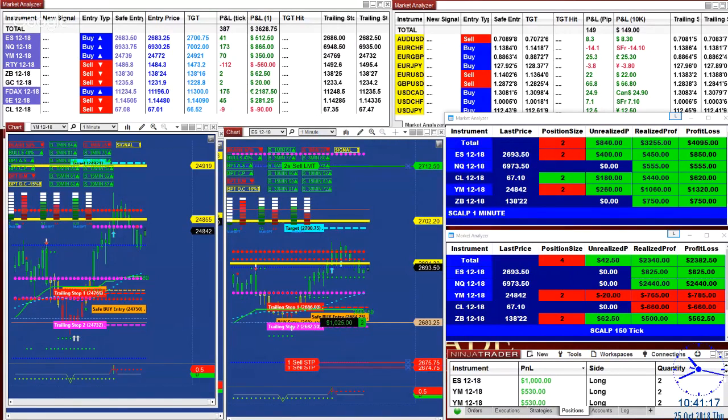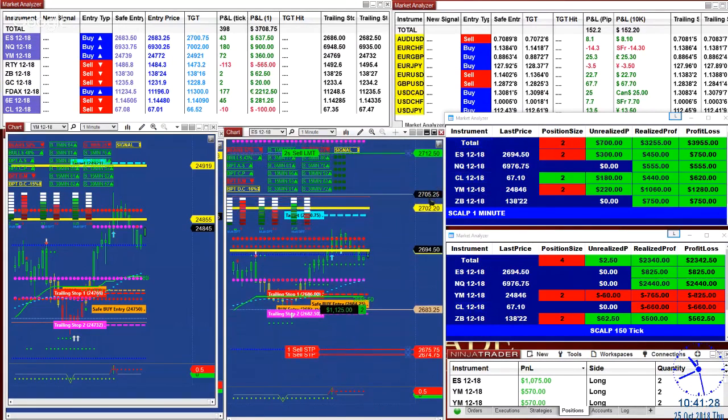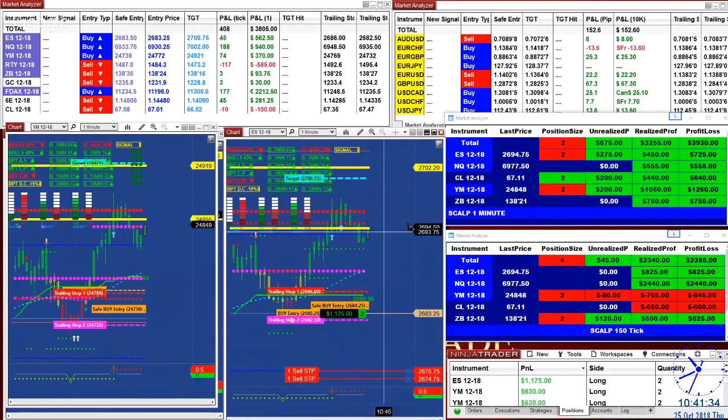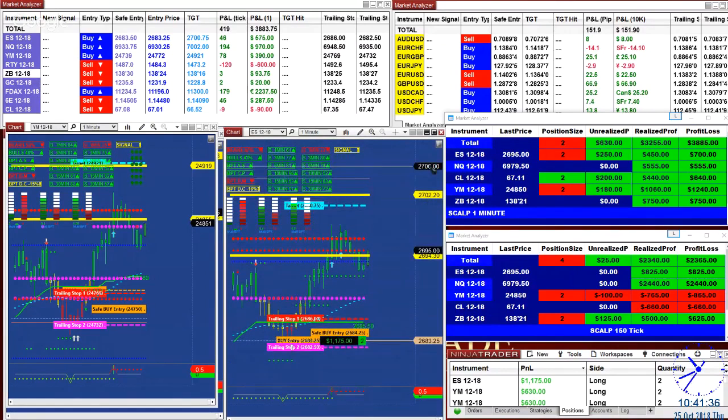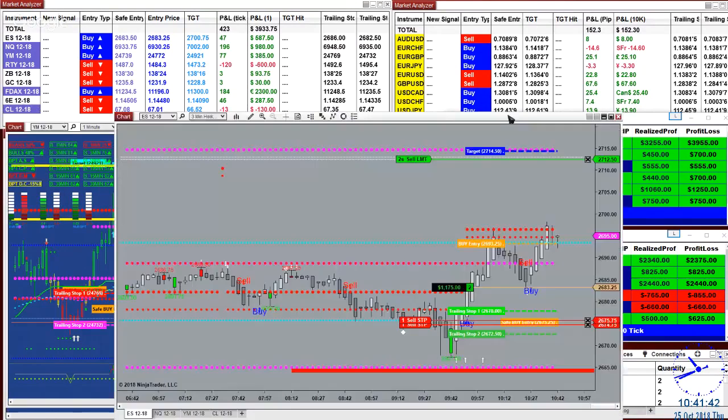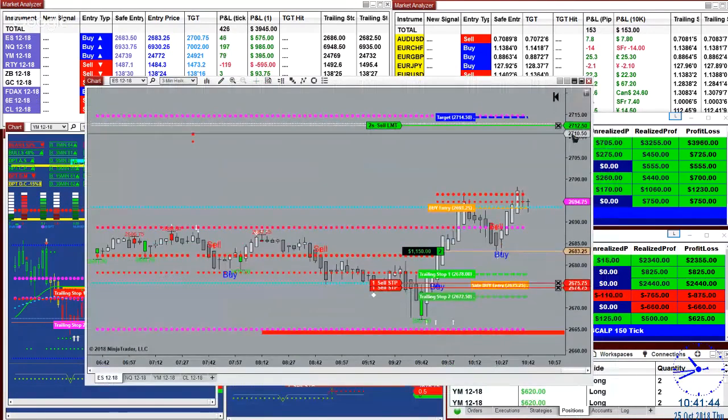Now, let's go back here. What we have is the problem again on the double resistance line, and we have the projection at 2691.50, and it is a matter of time before we are able to break it. This is a very clean picture on the 3 minutes.